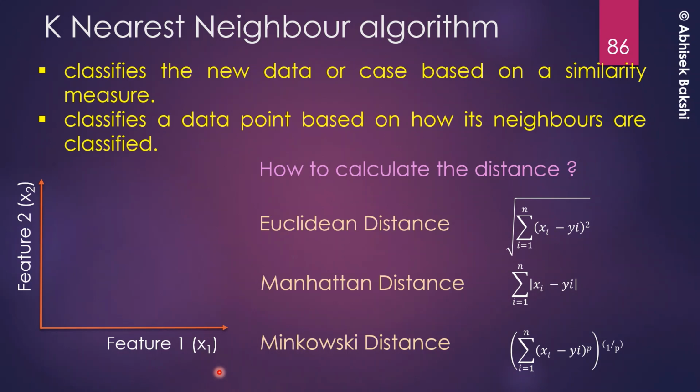Now imagine that you have three features in your data set, on three different axes, x, y, and z. That means you can place any data point having those three features within this space as a point, right?